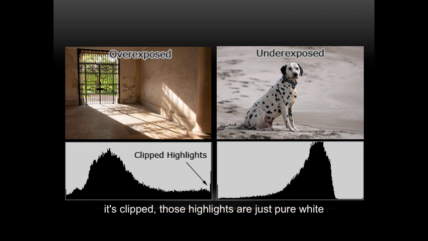Those highlights are just pure white with no information. So clipping, which is when it's so overexposed that it's solid white, will happen when you're looking at water or metal, something where there are reflections and you get specular reflections, or the sun is also included in the photo. So a specular reflection is that bright glare that sometimes you get.